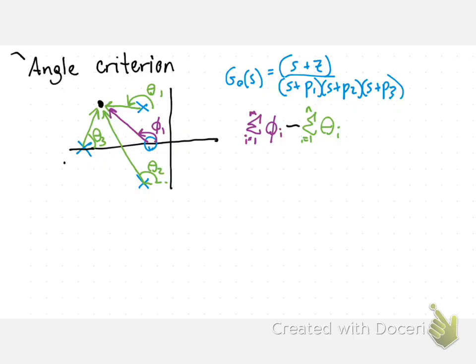Then we take those 0 angles, subtract our pole angles, and if the resultant number is equal to 180 degrees times 2n plus 1, so any number of circles, n can be any integer. Oh, I used n twice there, so instead of n, let's call it p.